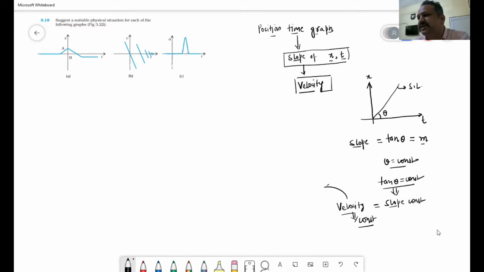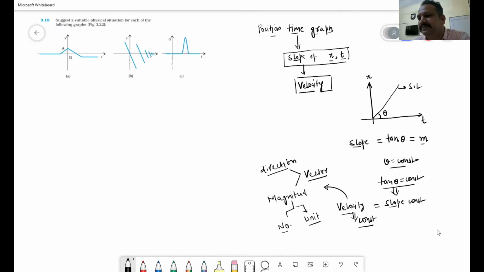Velocity is a vector quantity, and we know any vector quantity has a direction as well as a magnitude. And this magnitude contains a unit and a number.